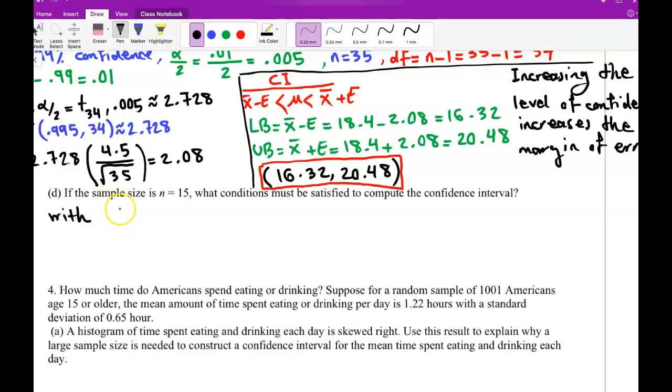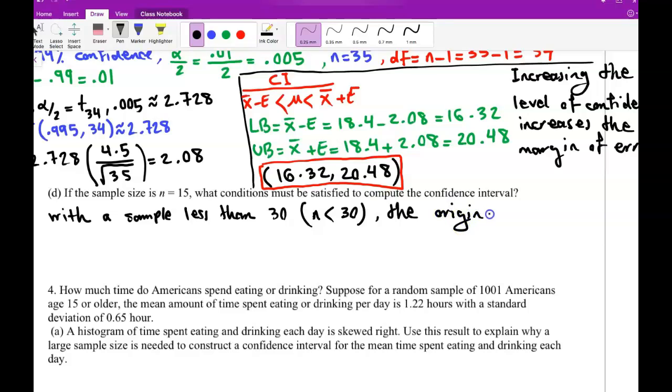with a sample less than 30, so n less than 30, the original population must be normally distributed.